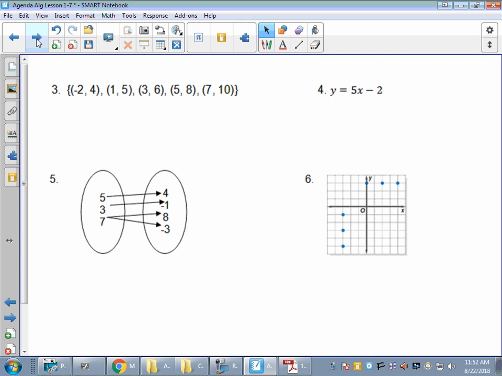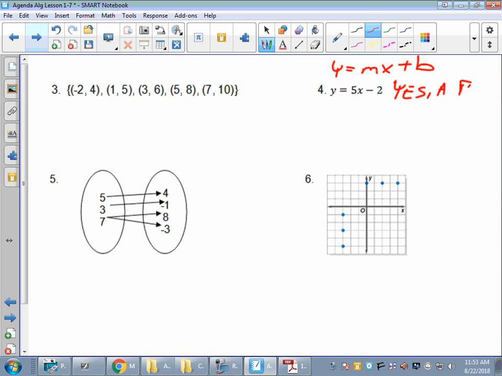Okay, let's look at number 4, and we've got y equals 5x minus 2. Now the interesting thing here is it's written in, and maybe you've seen this or not, y equals mx plus b form. And if it's written in that form, then it is a function. So yes, this would be a function. And why is it a function?